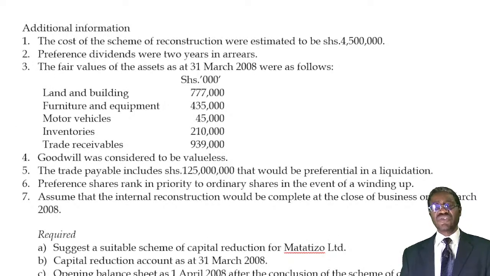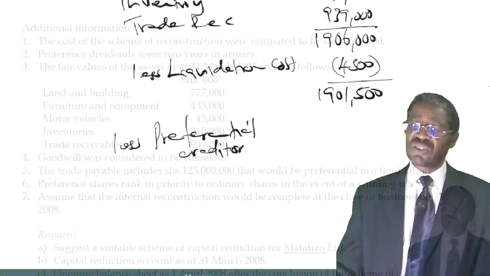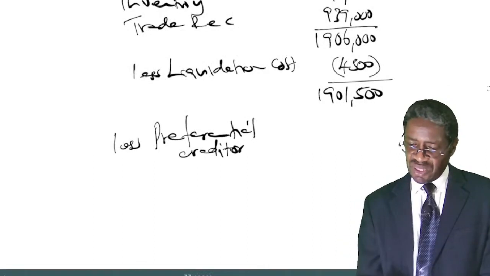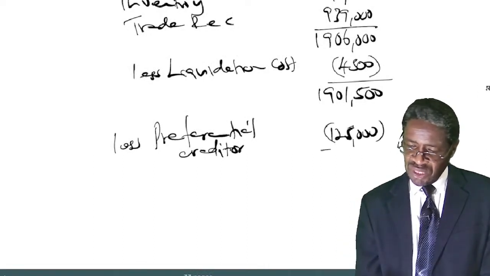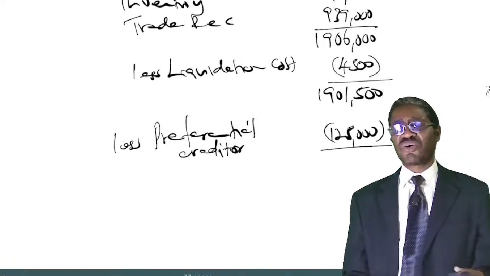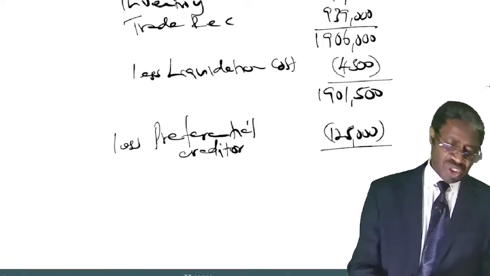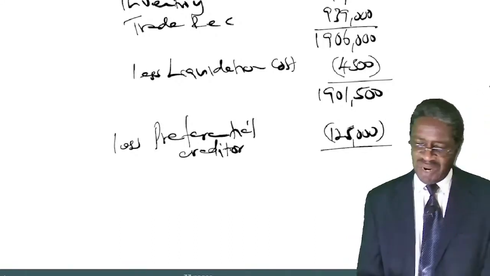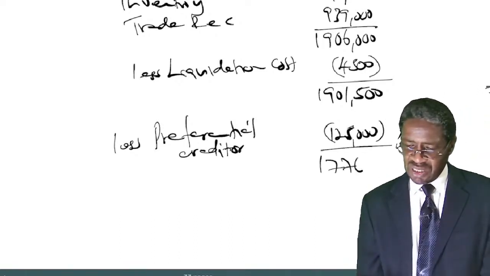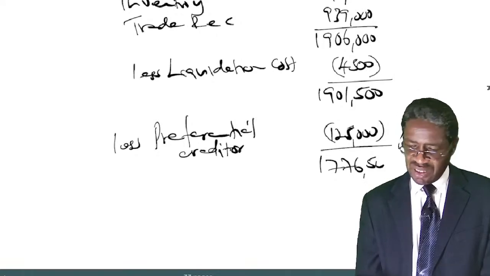It says trade payables include shillings 125 million that will be preferential in a liquidation. Our figures are in thousands, so that will be 125,000. So assuming we paid the preferential creditors their money, I minus 125, and we shall be left with a balance of 1776,500.